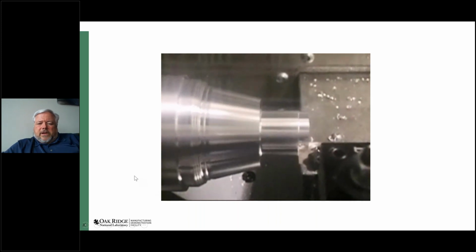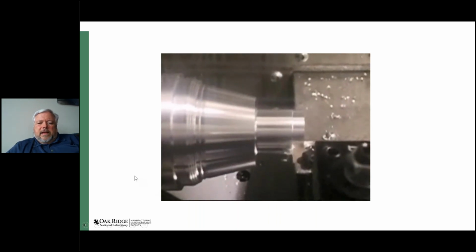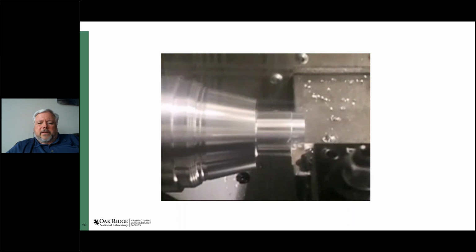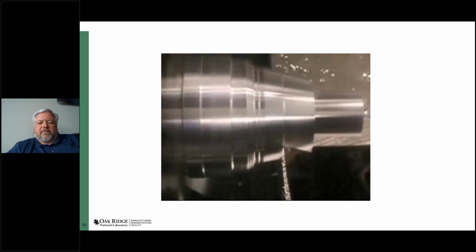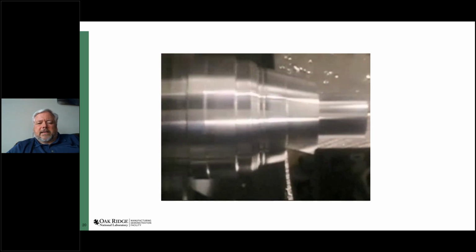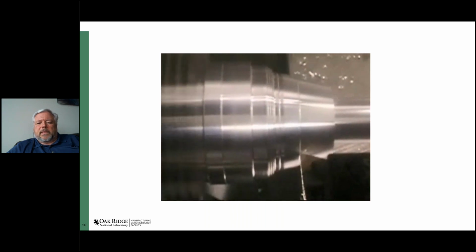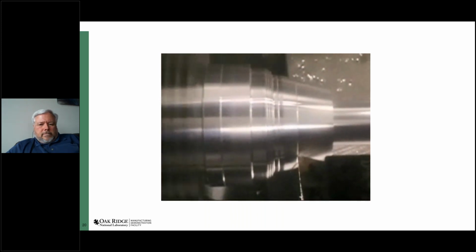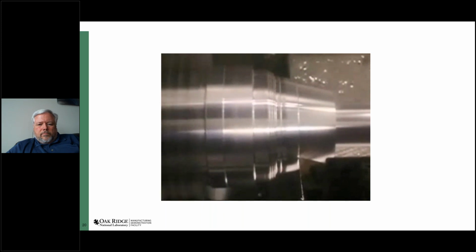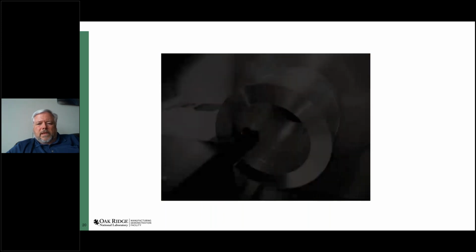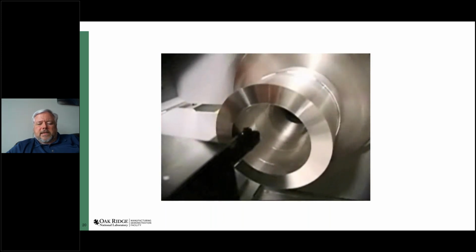Okay, so this is turning on the cylinder, and you can see that the chips are breaking. You can actually see the motion of the tool there a little bit. And you see it's not very big, and it's also not very fast. Here it is happening on the cone. Okay, here is a boring operation.